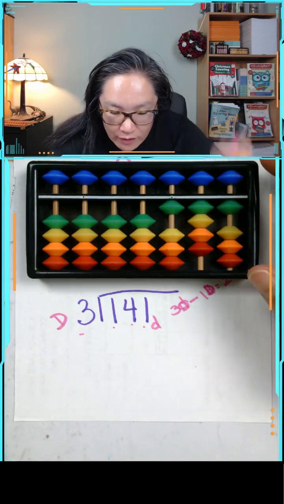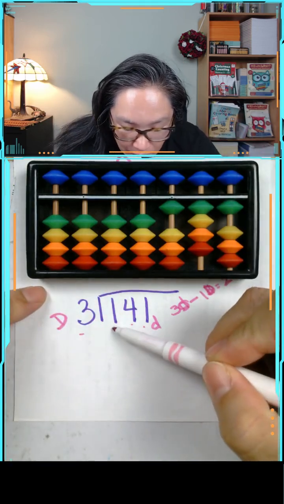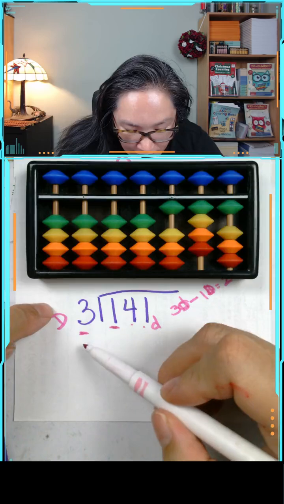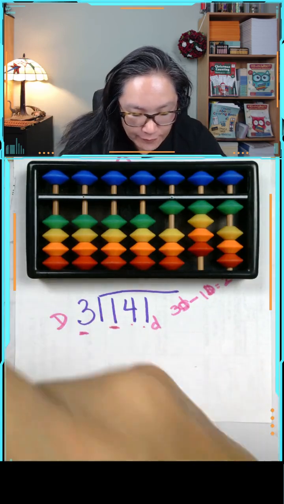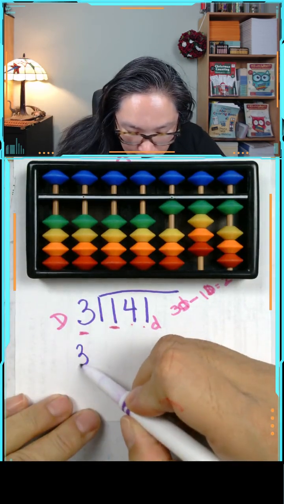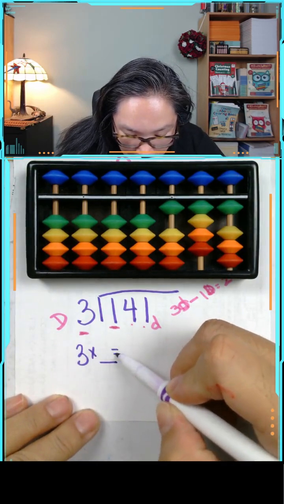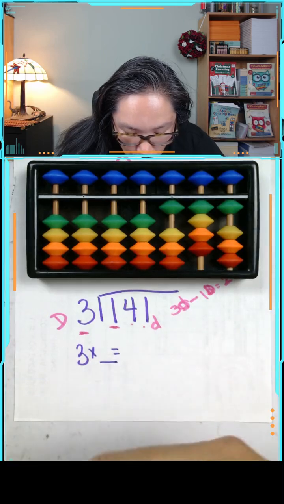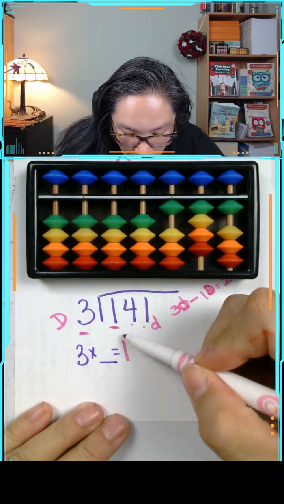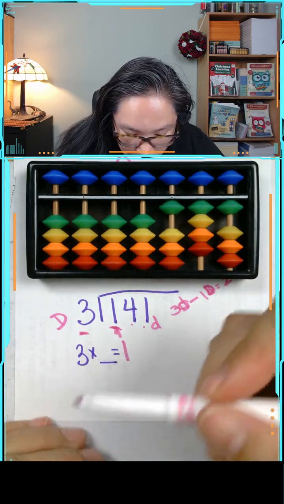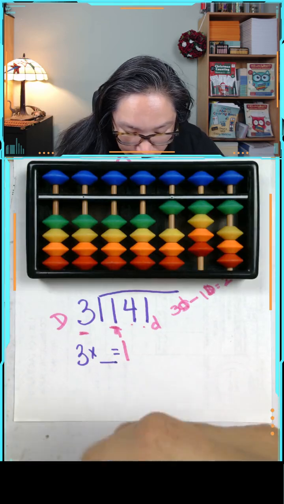We're going to figure out a single number, this number and this number. Why? Because we've got to figure out 3 is our divisor, times what is equal to 1. 1 is our dividend. 3 is our divisor.